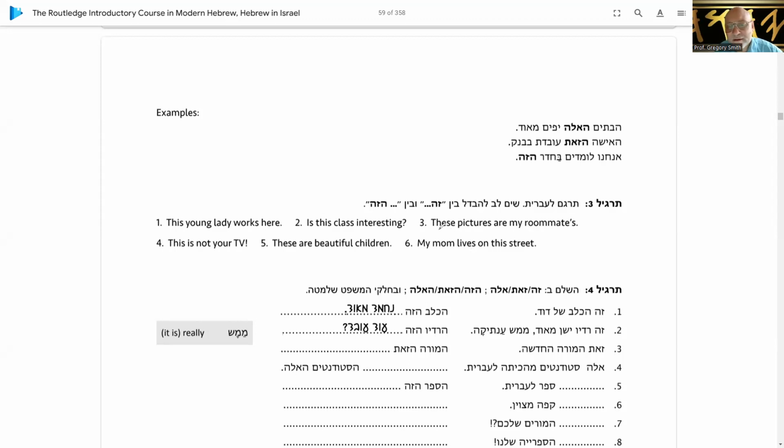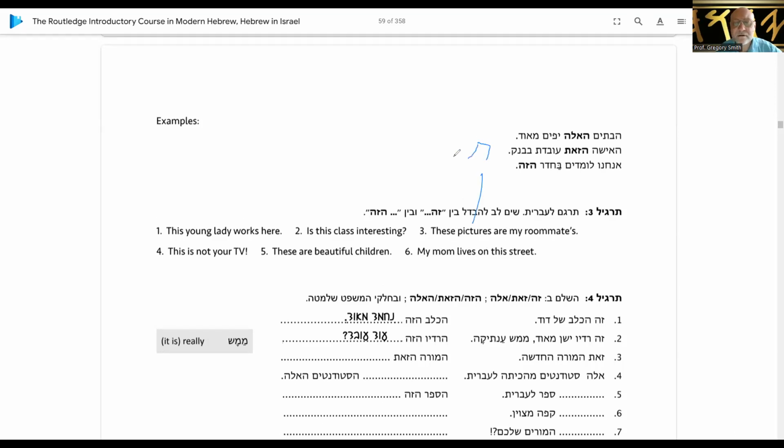Okay, so these pictures are my roommates. Let's see, the word for pictures, if I remember, was תמונות. Tmunot, yeah. Okay, so pictures. So these pictures.